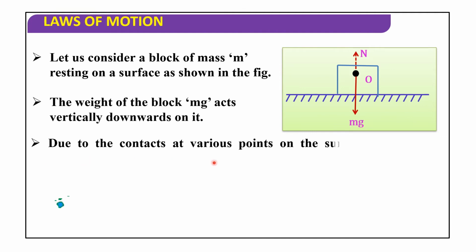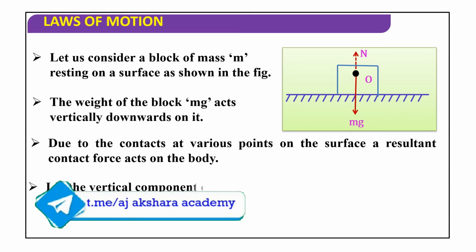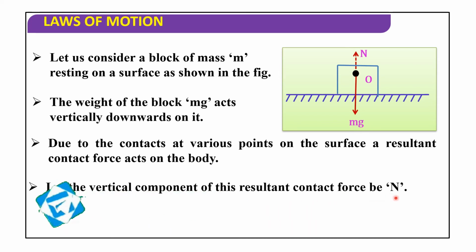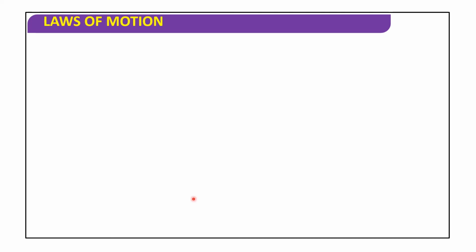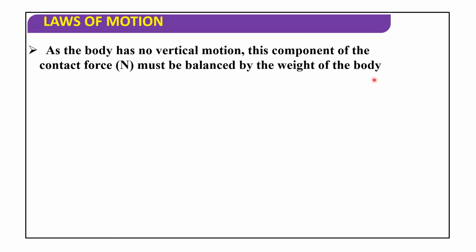Due to the contact at various points on the surface, a resultant contact force acts on the body. Let the vertical component of this resultant contact force be N. As the body has no vertical motion, this component of the contact force must be balanced by the weight of the body.